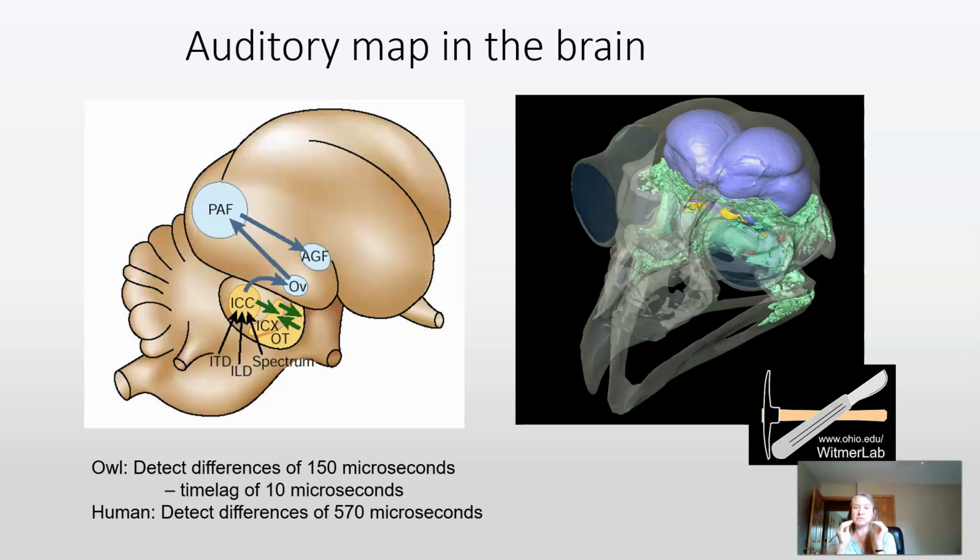So they can really discriminate with sound, whereas humans can only detect differences of 570 microseconds. This will come into play a little more when we get into song later on. So what we hear from birds is very different from what birds can hear, and it's because of their capacity within their brain to detect much smaller differences in sound.